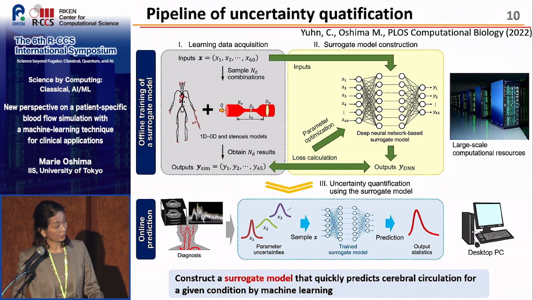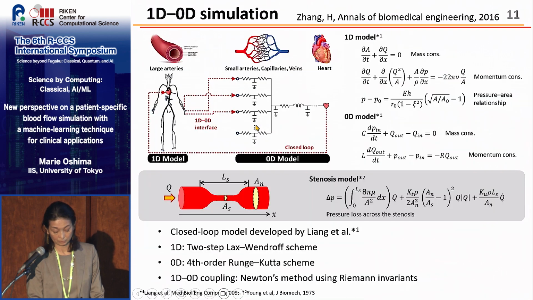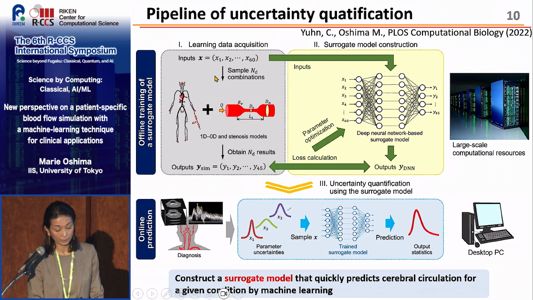So this slide summarizes the pipeline of uncertainty quantification. First of all, we need to obtain learning data for the uncertainty quantification. For the set of learning data, we have input and output, and the output will be obtained by the 1D, 0D simulation with a stenosis model like this one.